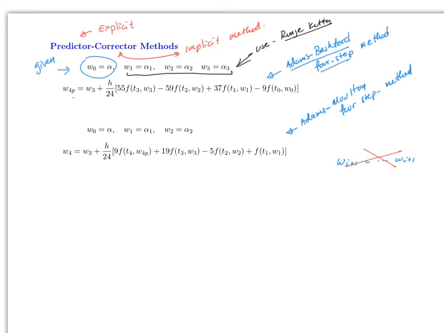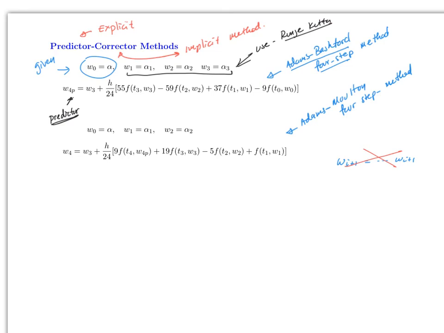Depends how far you want to go. The reason why I call this W4P instead of just P, the P stands for the predictor, but this is nothing more than W4, and also to distinguish between this W4 and this W4. So you compute this value, which should be straightforward. There is nothing that can go wrong in here. You can compute this, and this easily once you have gotten the values from the Runge-Kutta method.